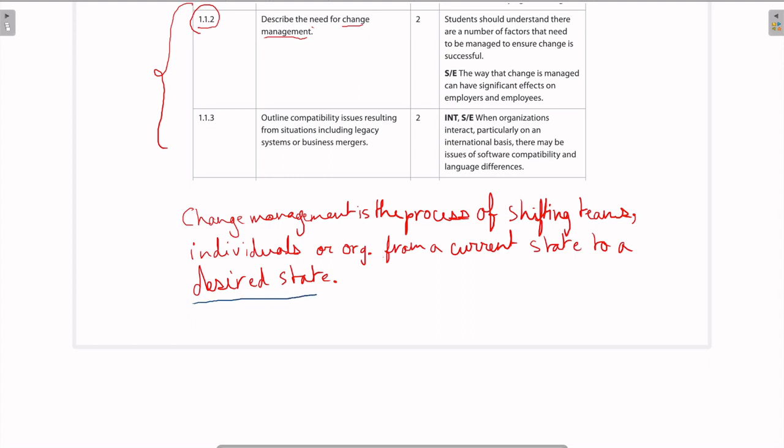This is very important. And this desired state is what you can also think of as a successful state. Essentially, this is what you want to achieve. So by introducing a change in your system, you want to achieve this successful state.